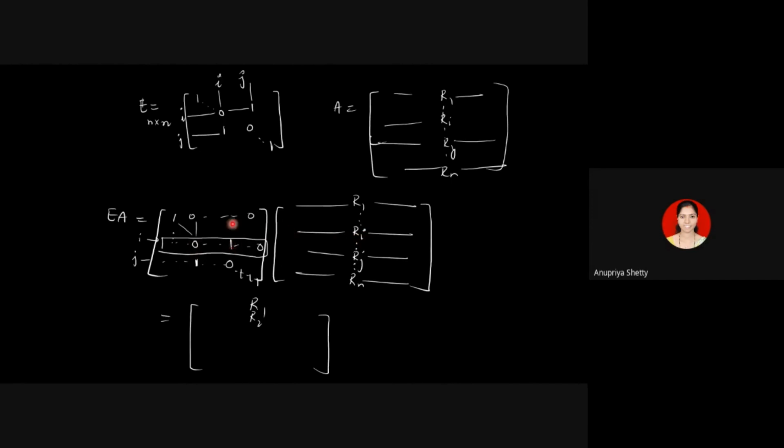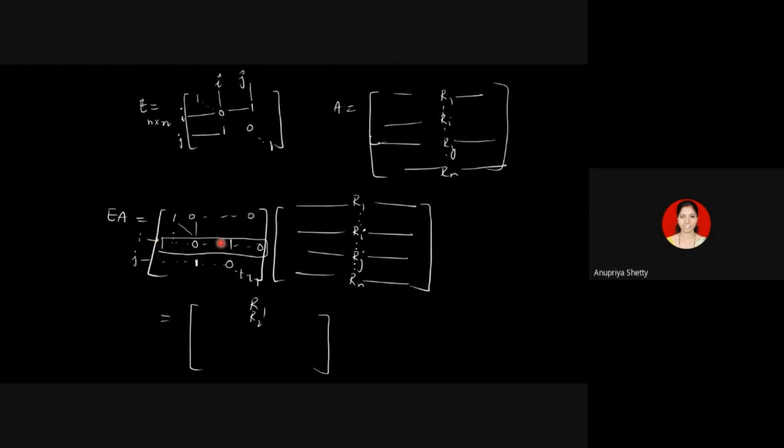This 1, which is in the jth place, remember, that gets multiplied with the entry from Rj. So you get the first entry from the jth row, and that will appear in the ith row place.